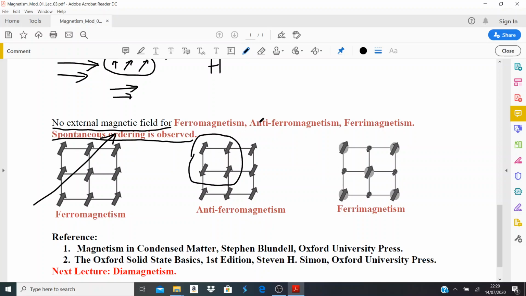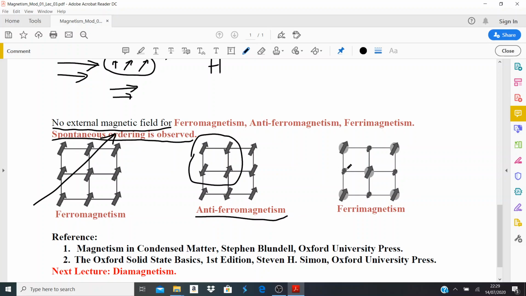So the net magnetization is 0 in this unit cell. So even though there is spontaneous alignment, because the neighboring moments anti-align, there is no net magnetization here. So this sort of material is called antiferromagnetism.